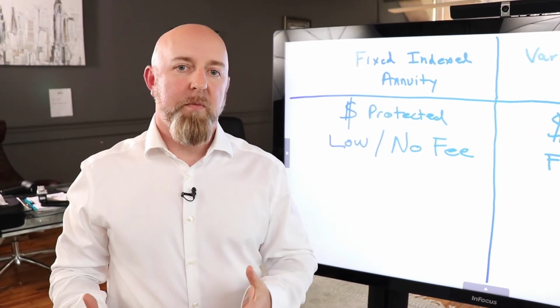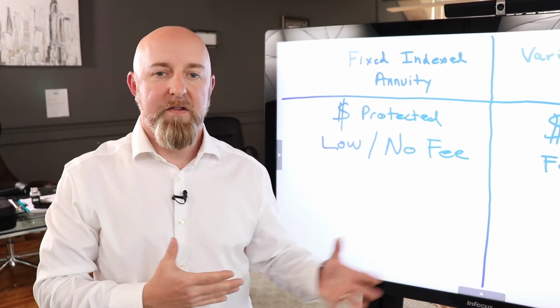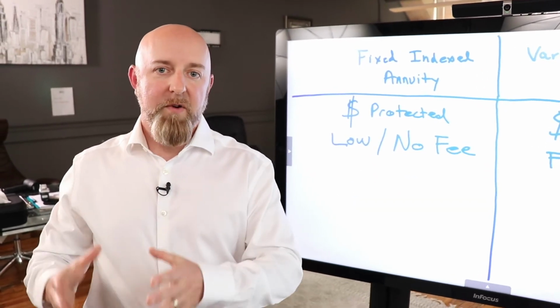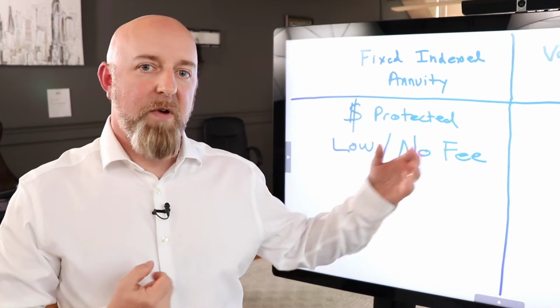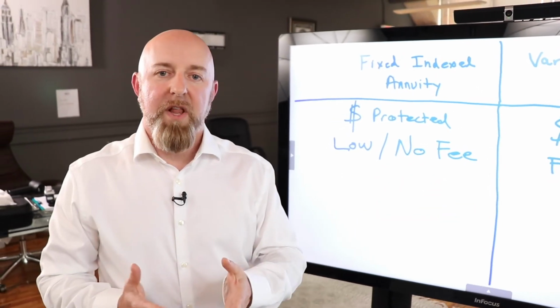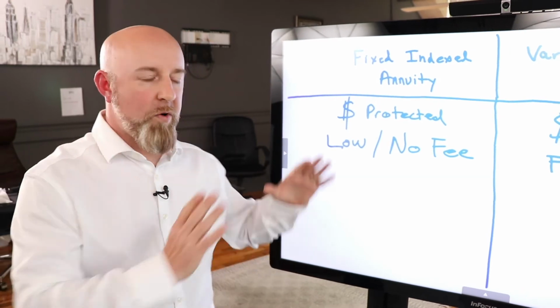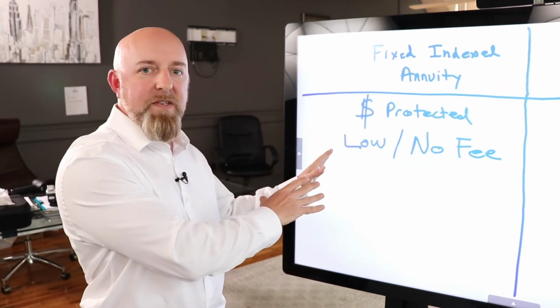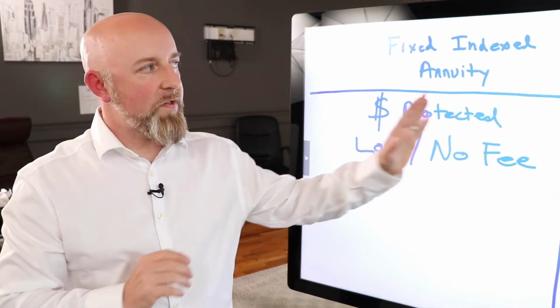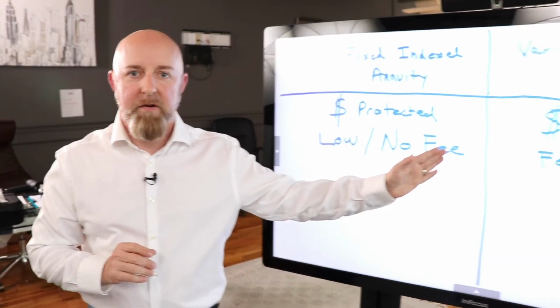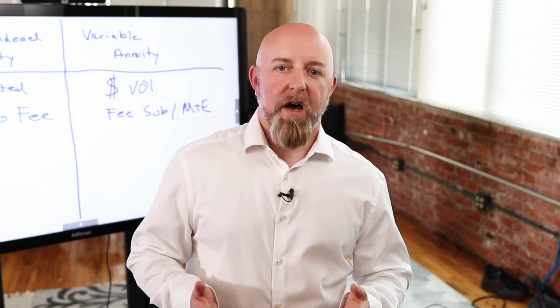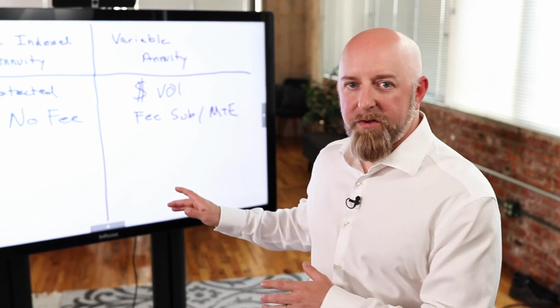Insurance companies operate off of mortality and expenses, and whatever that cost is, you end up incurring that at some level. And they'll state that in the contract. You won't see that as much in a fixed indexed annuity, but you're going to see it a lot more in a variable annuity.